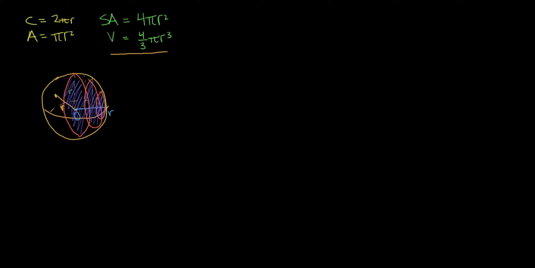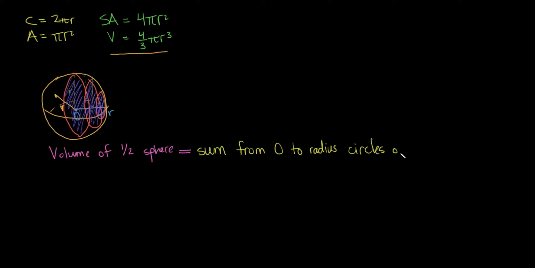So, in more of English, the volume of half of a sphere is going to equal the sum, from 0 to the radius, of circles of changing heights, so circles of different changing radii. Really this is going to turn into an integral.